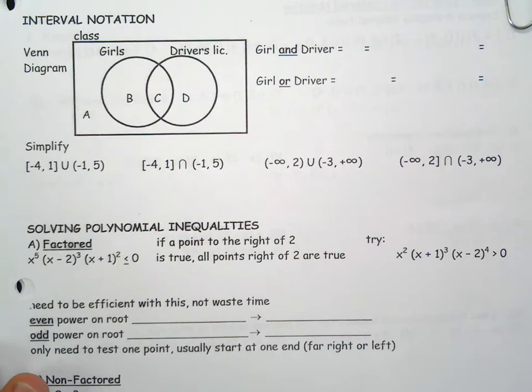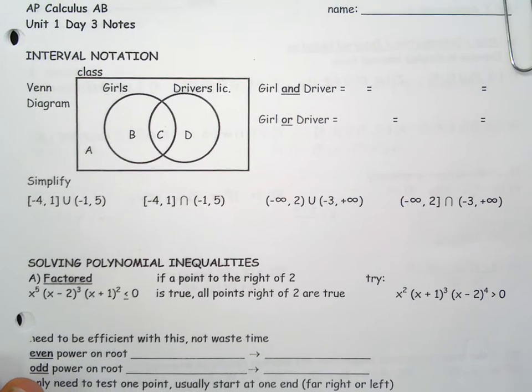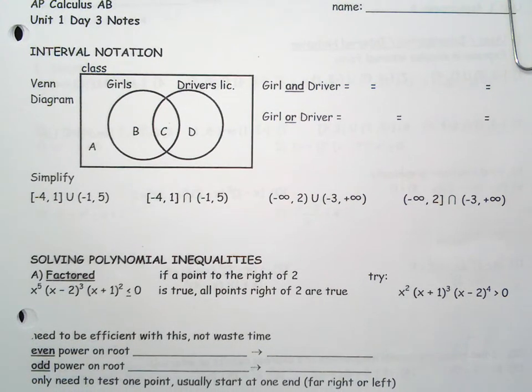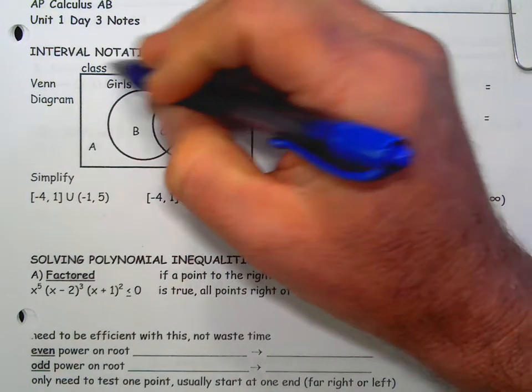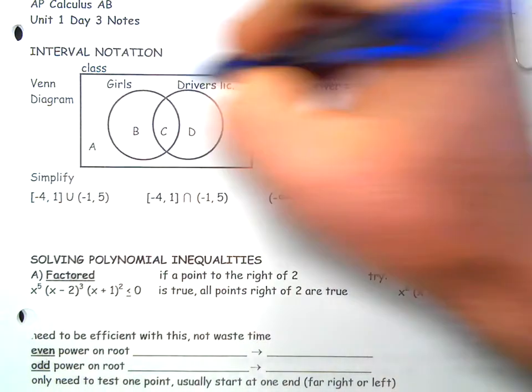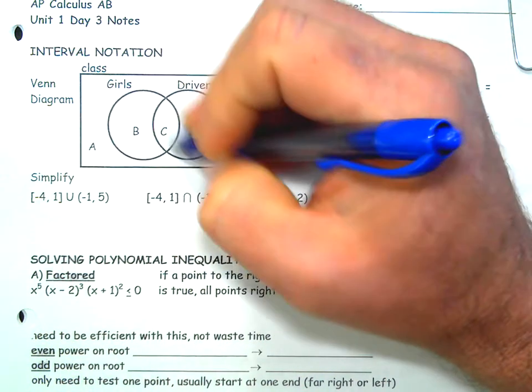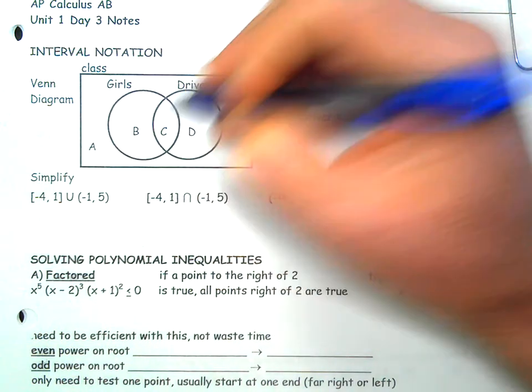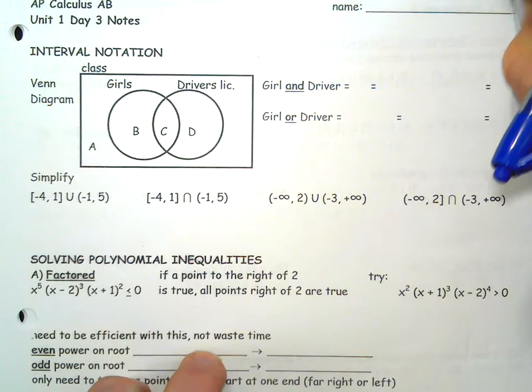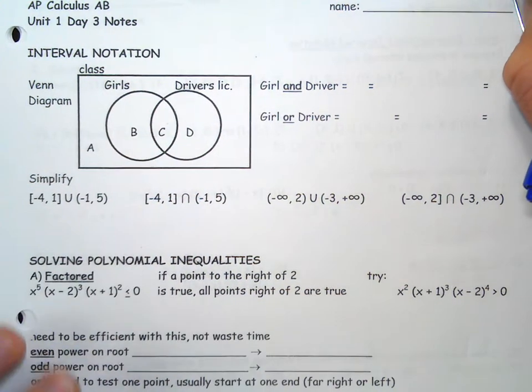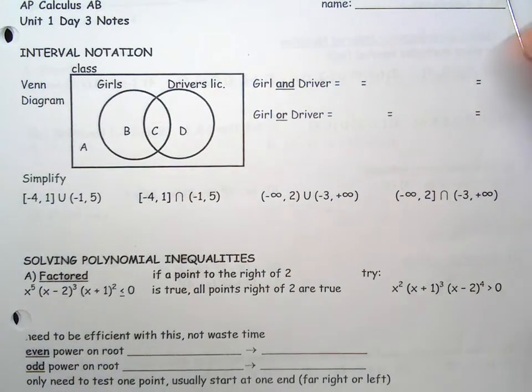Here. So we're going to talk a little more about interval notation. This is a Venn diagram. This is our classroom, everyone in the classroom. This is girls. This is drivers. This must be girl drivers. So this is just a visual way of looking at multiple inequalities together.